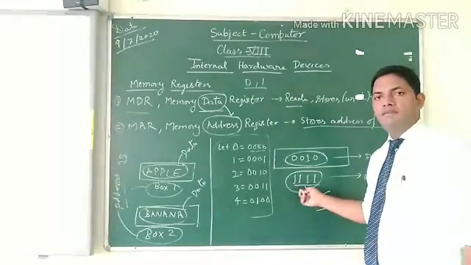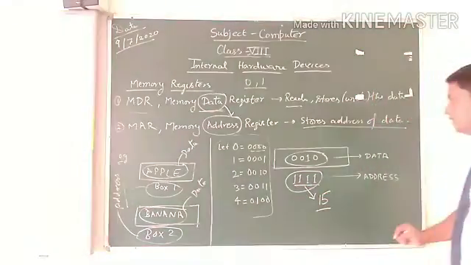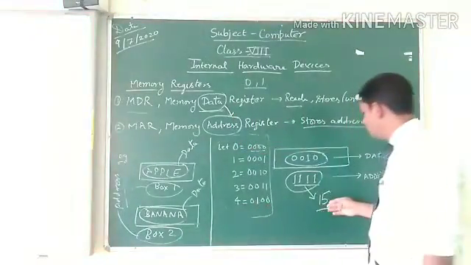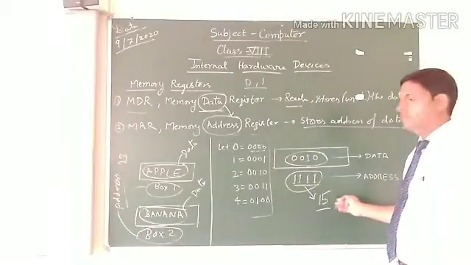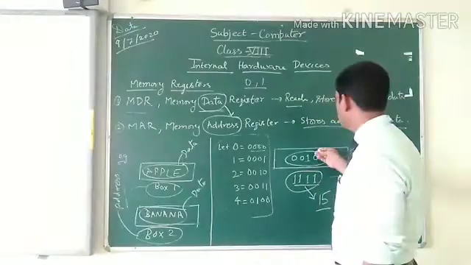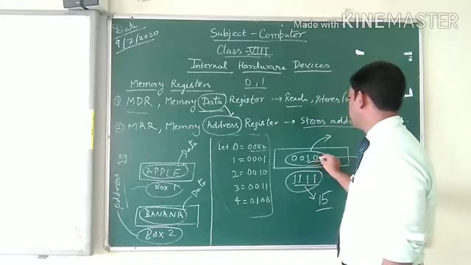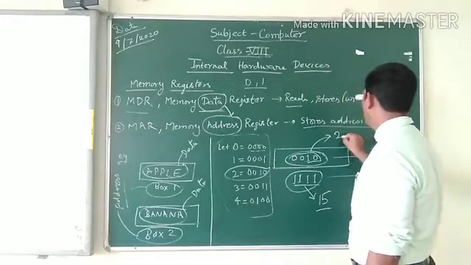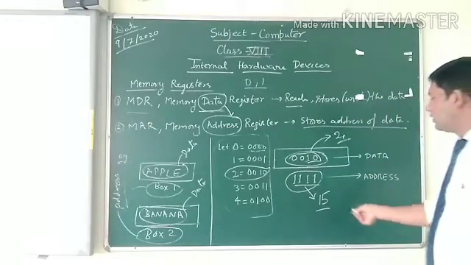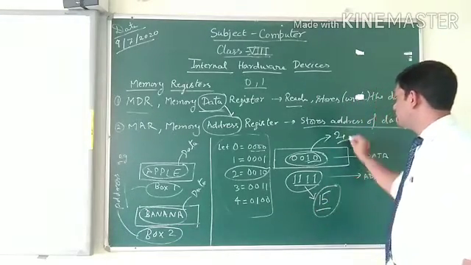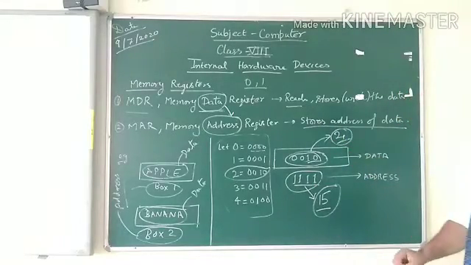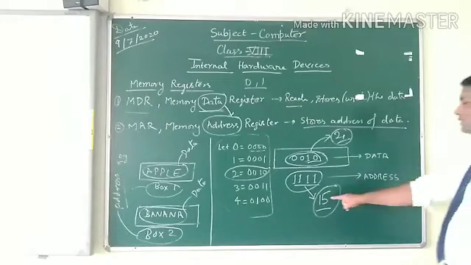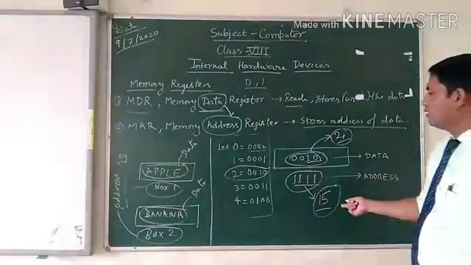So 15 is the address, here box number 15, and the data in this address is 0010, that is 2. It means at this address 2 is kept, so 2 is the data and the address is 15.